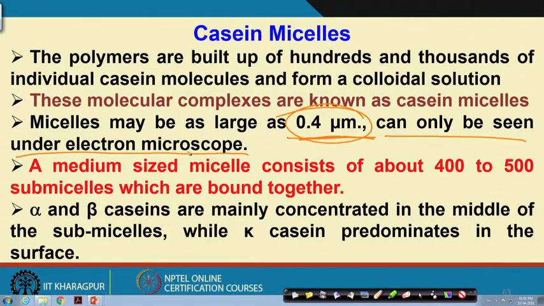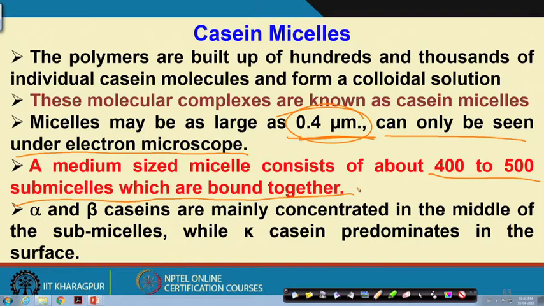So, with 10 times that magnification in your microscope, you can see the protein micelle also. It is as large as around 0.4 micrometer, right. A medium size micelle consists of about 400 to 500 sub-micelles which are bound together.